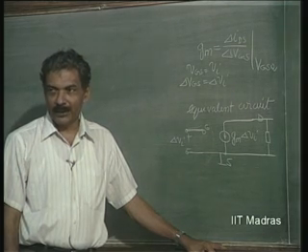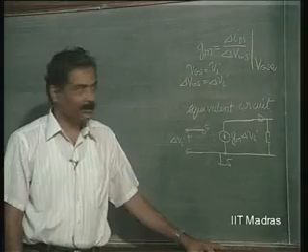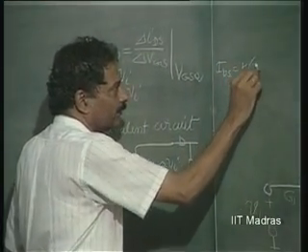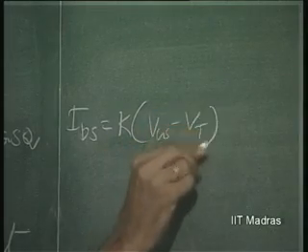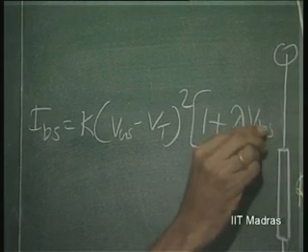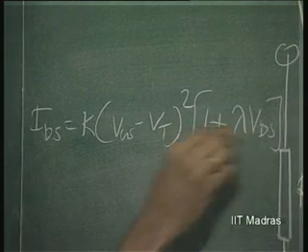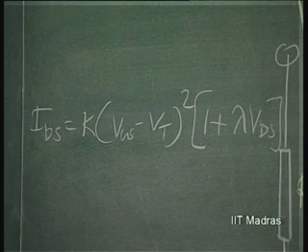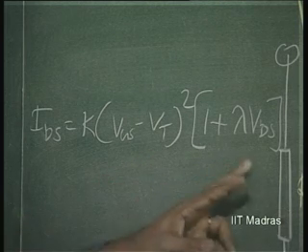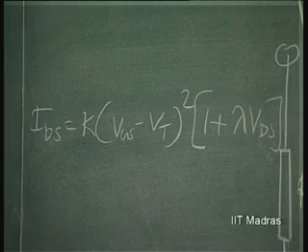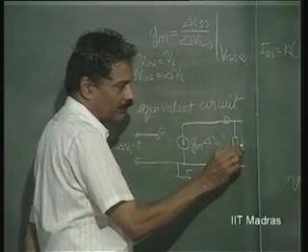In the equation, the current IDS was given as K into VGS minus VT whole squared into 1 plus lambda times VDS. So, it was dependent upon VDS. The so called saturation current was not really remaining constant, it was increasing with respect to VDS, and this lambda factor we brought in.